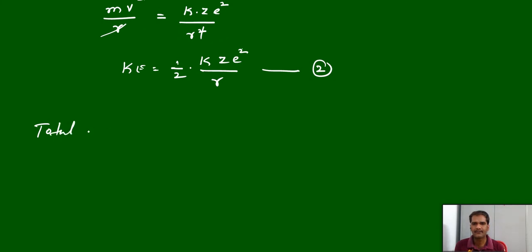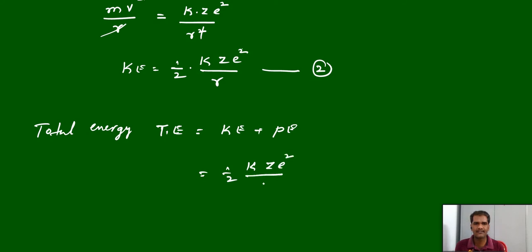Total energy. Here total energy is nothing but the energy of the electron, both are the same only. Total energy is equal to kinetic energy plus potential energy. What is the kinetic energy? 1 by 2 K Z E square by R. And what is the potential energy?